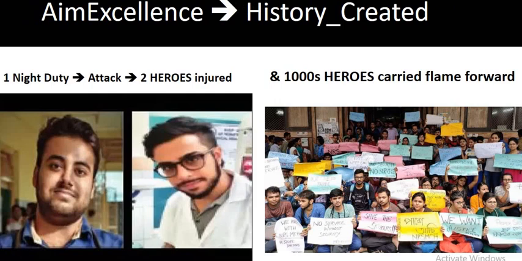And at the same point of time, we should remember the incident which shook India, where two young interns got injured in a scuffle with the patient party. One of them got very badly injured and is still recovering. We are thankful to all the young doctors who fought and all the people who have supported their movement and understood their grievances, and we are really thankful to them for supporting us, and we will serve them.